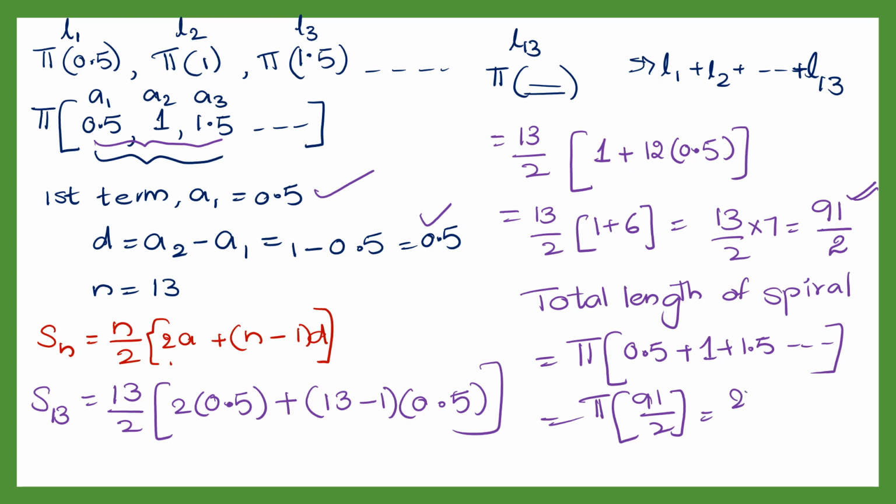Pi is 22 by 7, into 91 by 2. 7 ones are 7, 7 threes are 21, and 2 ones are 2, 2 elevens are 22. So you get 11 into 13, that means 110 plus 33, which is 143 centimeters. Since each radius is in centimeters, the total length is also in centimeters. 143 centimeters is the answer.